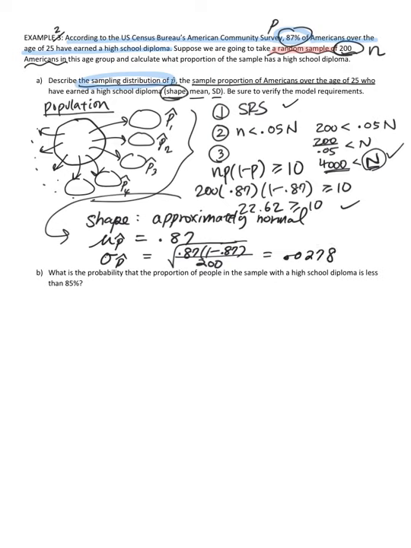Now you're going to be using mu sub p hat and sigma sub p hat in part B, right? For mu sub p hat, you can go ahead and use 0.87. For sigma sub p hat, I would like to use this exact form, not the estimated version.